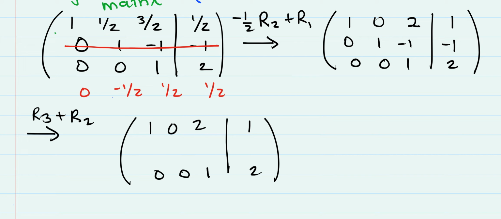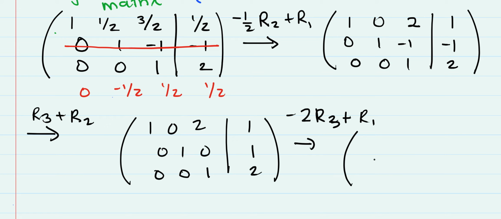Okay, so if I add it, I'll get 0, 1, 0, 1, right? Okay, and then I'm going to take -2 times row 3 and add it to row 1. So it's going to leave row 2 alone.